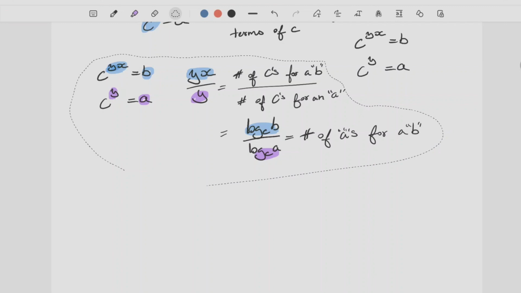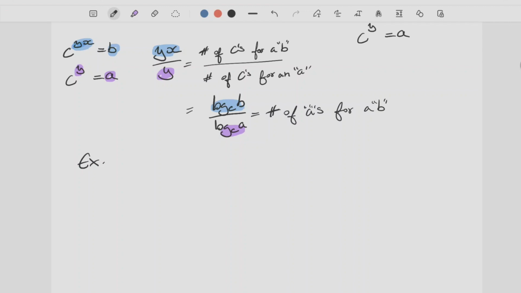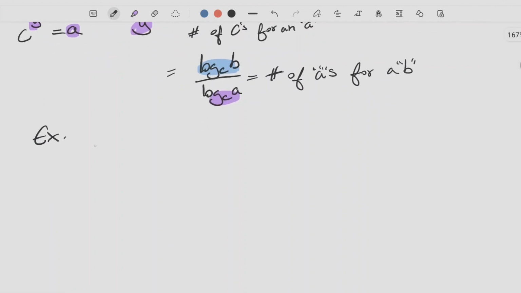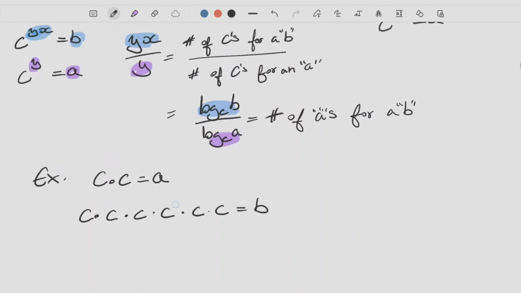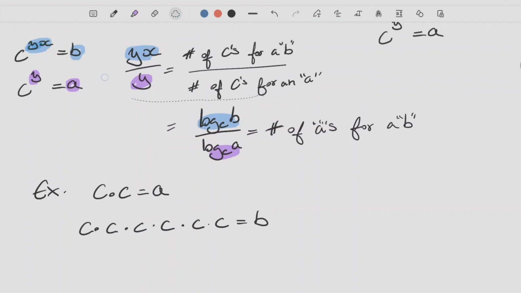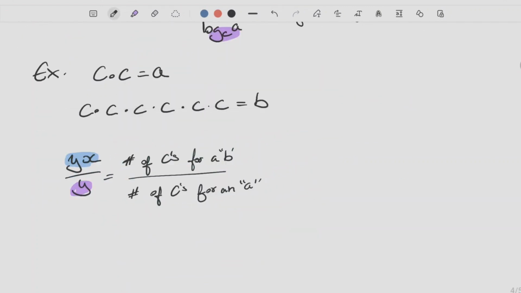That may be too many words, so let's just look at a little example to clarify things. Let's say that c times c equals a, and c times c times c times c times c times c equals b. So let's get that down here.